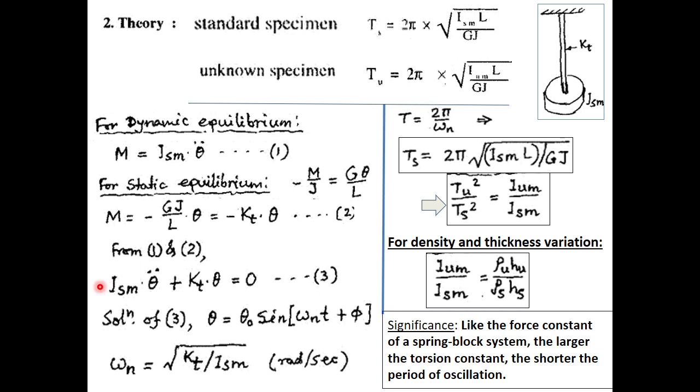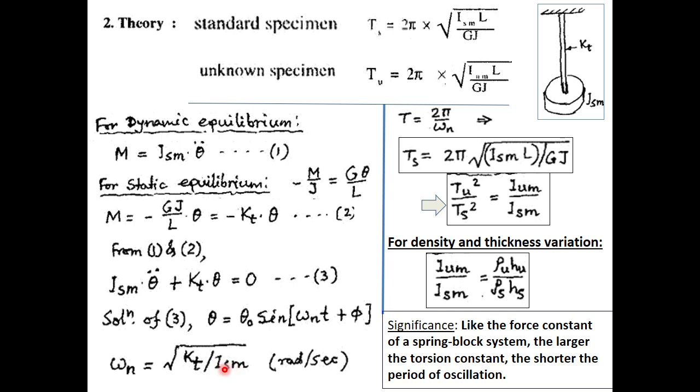The remaining part, sine omega n t plus phi and theta 0, is common, so we eliminate it. If we take this to the right hand side, we can express omega n square as kt by I, where actually this is I suffix m, the mass moment of inertia.